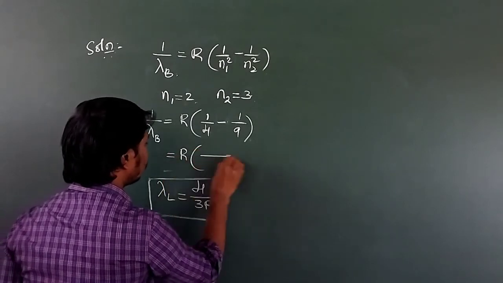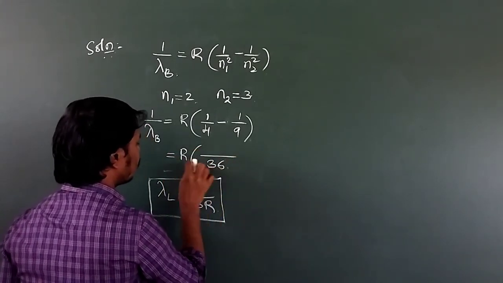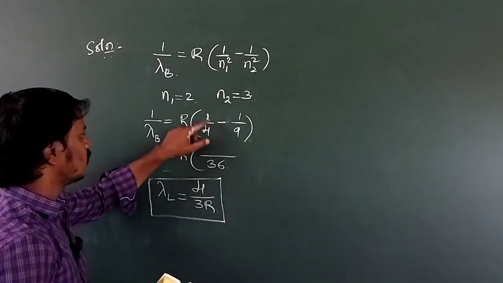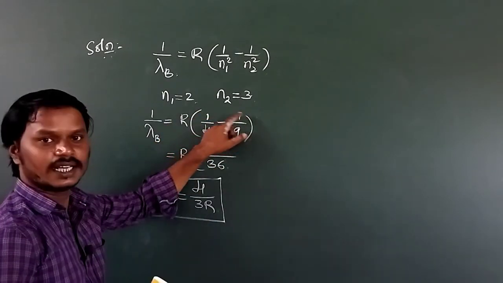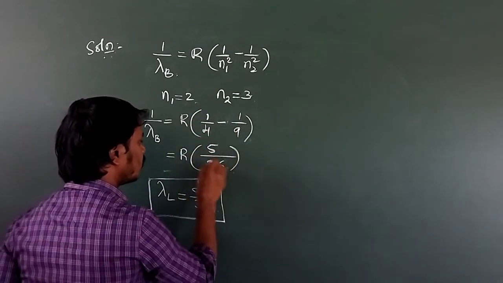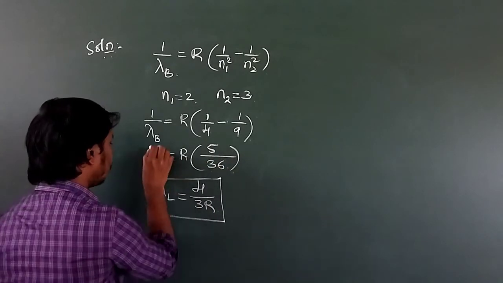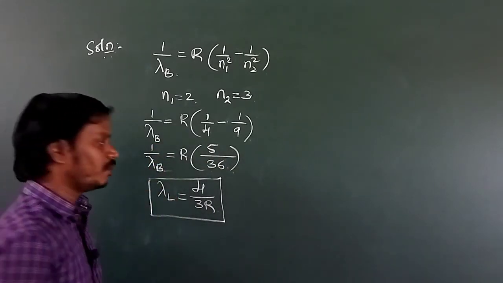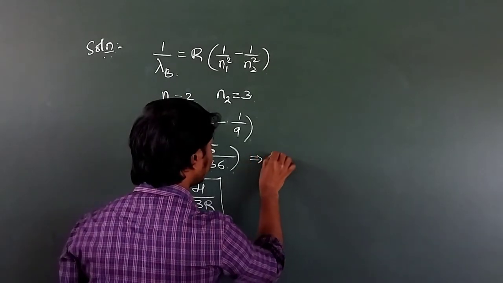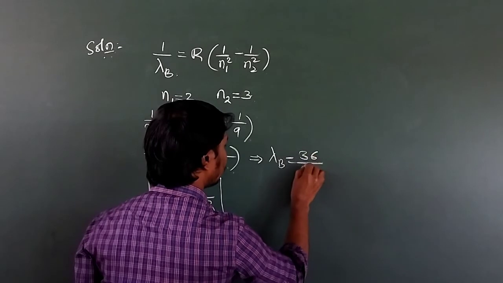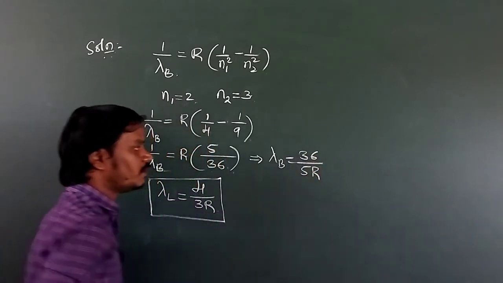R into 1 by 36. So 9 minus 4, that is 5, means R into 5 divided by 36, but it is 1 by lambda B. But what we need is lambda B. Then lambda B is equal to 36 divided by 5R.